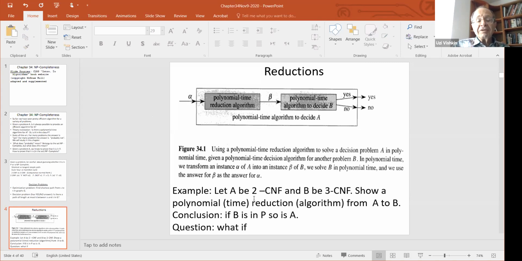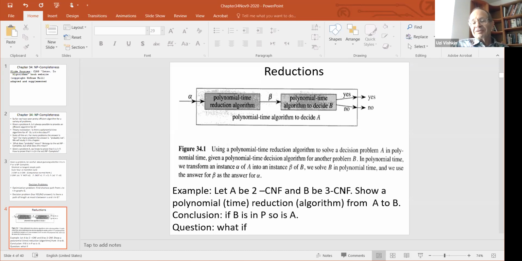Okay, I'm going to give you an example. And the example is really trivial. Consider the problem of 2 CNF and 3 CNF. I already told you that 3 CNF does not have a polynomial time algorithm, but now I'm going to be as inconsistent as can be, and I'm going to tell you, let's assume that 3 CNF has a polynomial time algorithm.